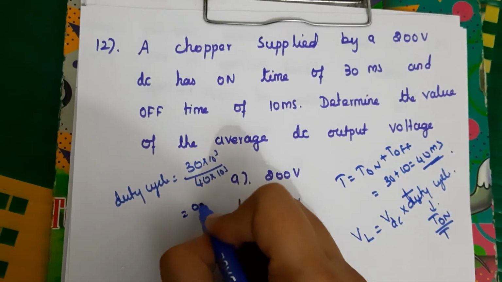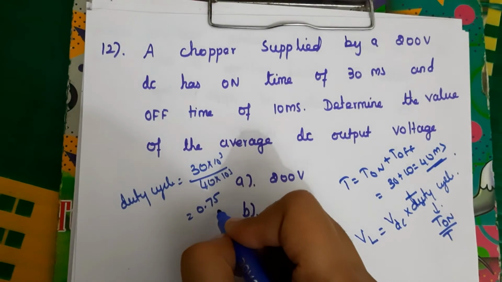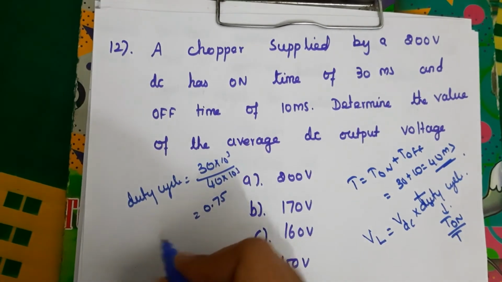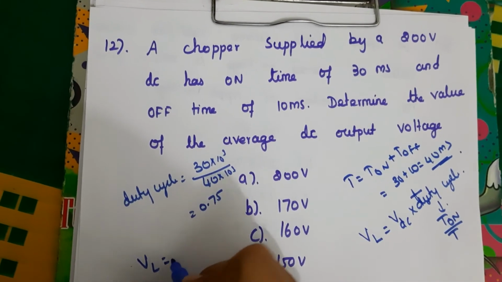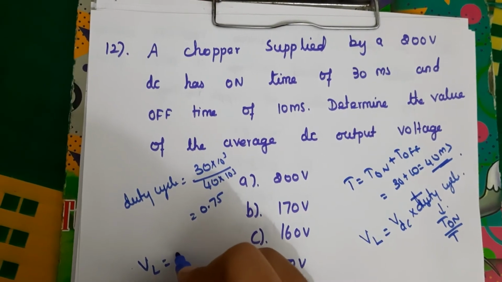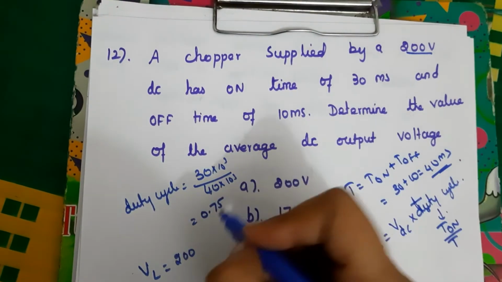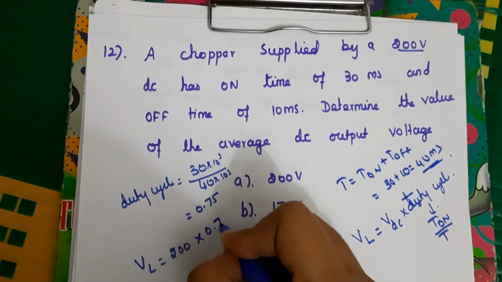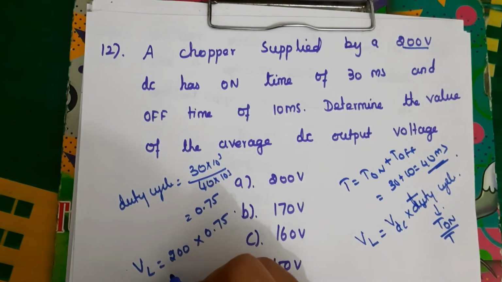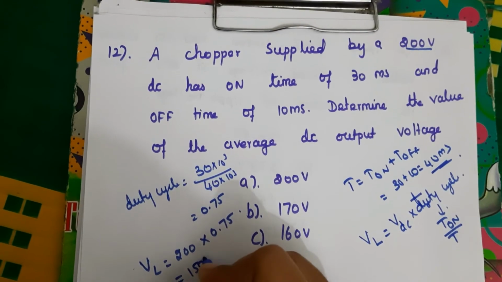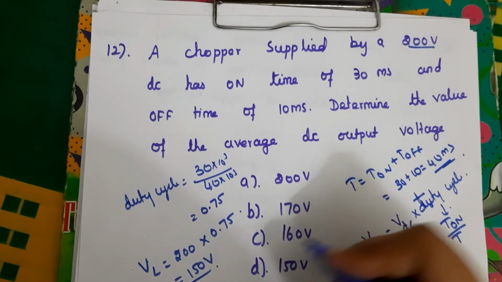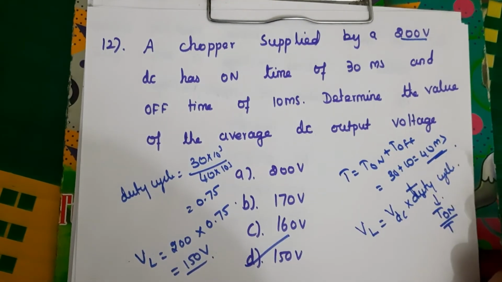So this will give us 3 by 4, that is equal to 0.75. From that we can find VL equal to VDC times the duty cycle. The VDC value is 200 volt and the duty cycle value is 0.75. Multiplying this, we will get 150 volt. So here the answer is B, 150 volt.